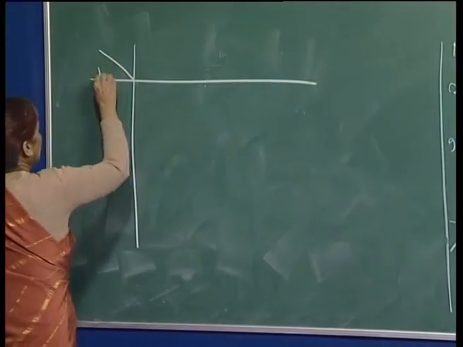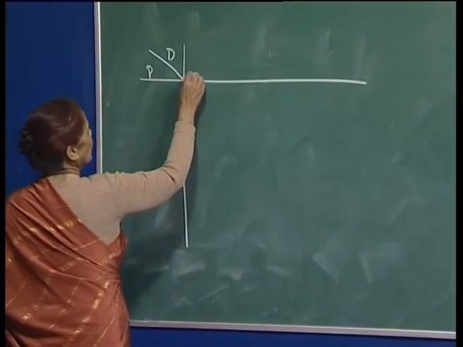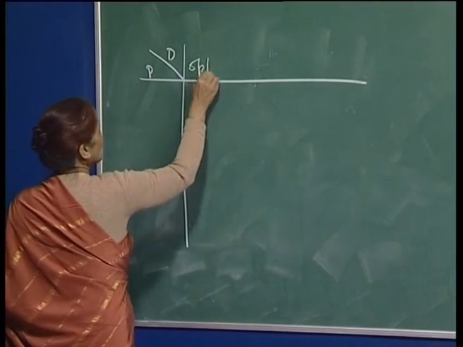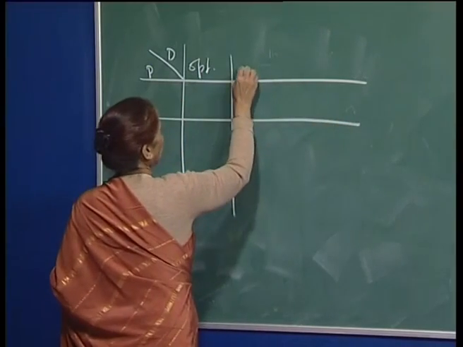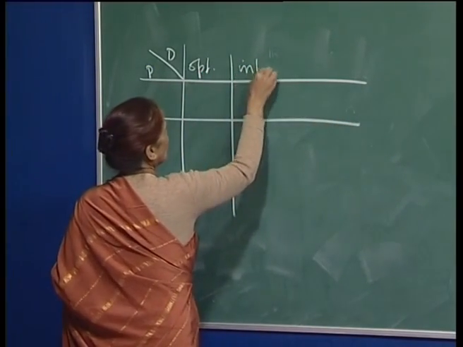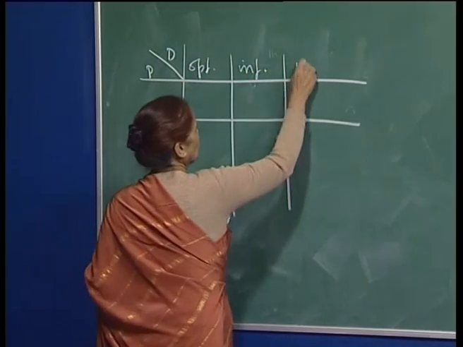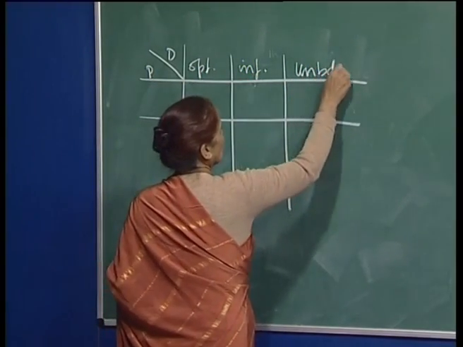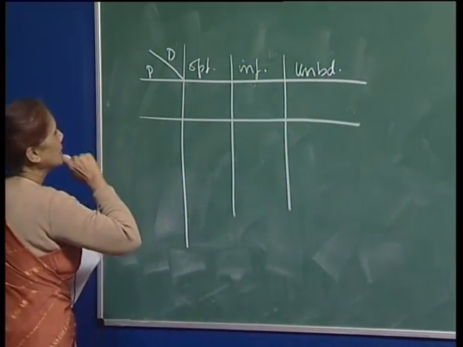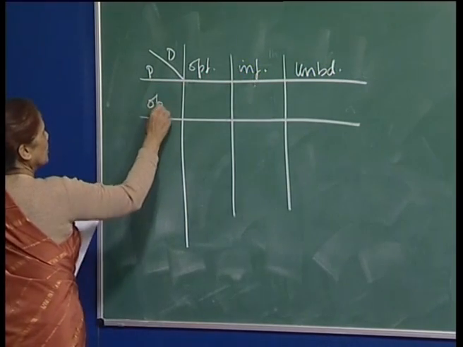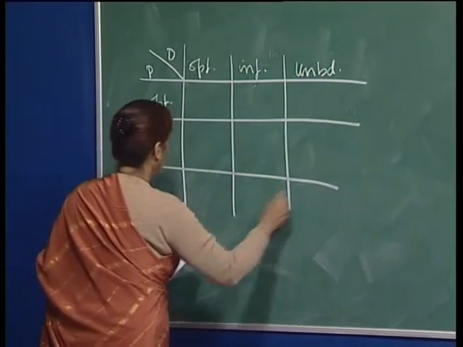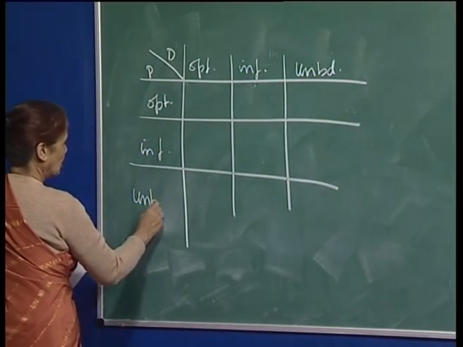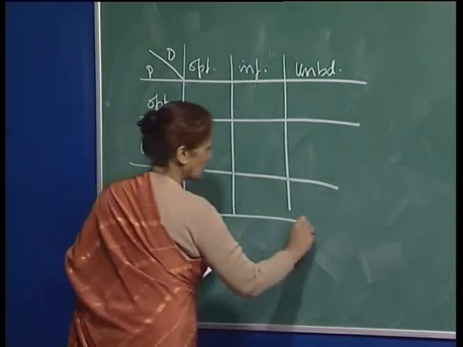So, you have P, you have D, then you have optimal solution, then you have infeasibility, and you have unboundedness, and here you have optimality, infeasibility, and then unboundedness.